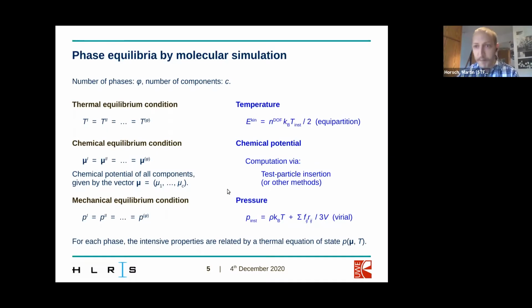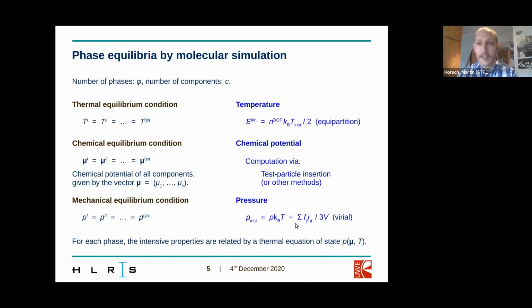The pressure has a well-known contribution, which is the ideal gas law. In this case here, this is expressed by the first term, density times temperature. And a residual contribution due to the interactions between the molecules, which is called the virial contribution. It is the sum over the product of force times distance, which is this expression, between all pairs of molecules in the system.